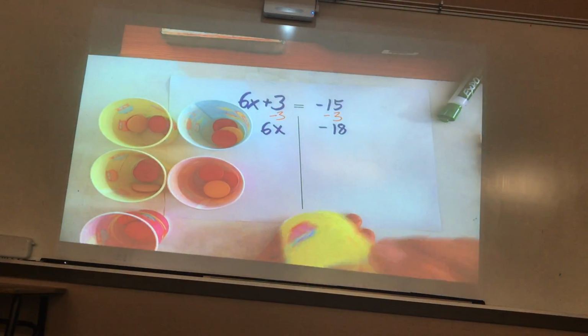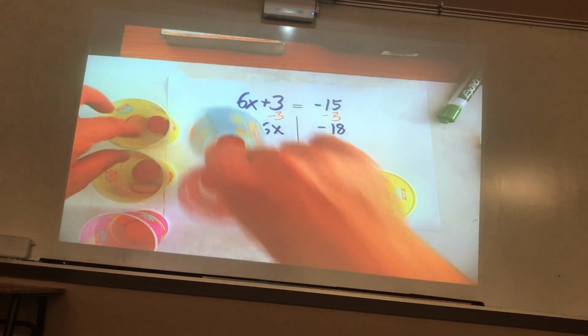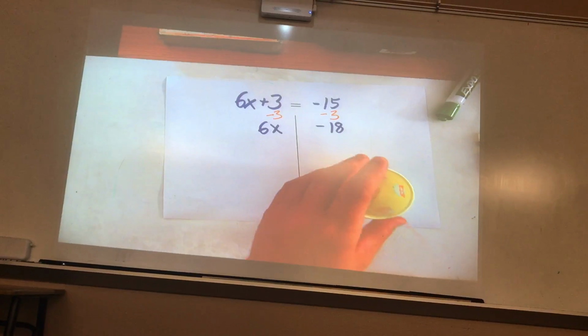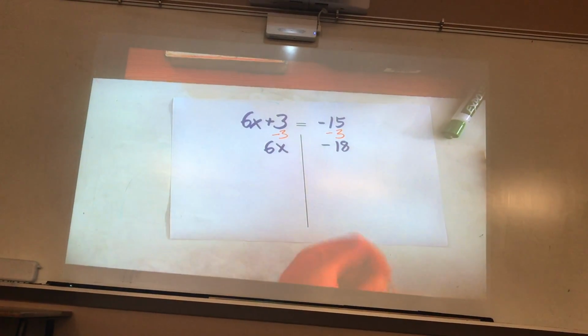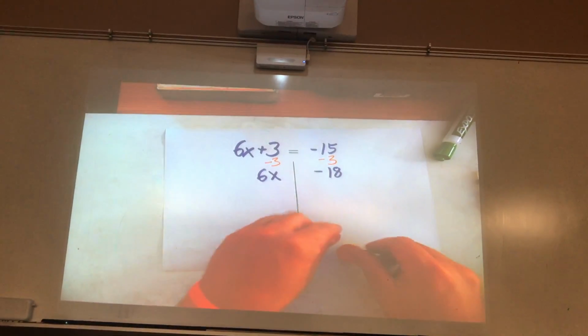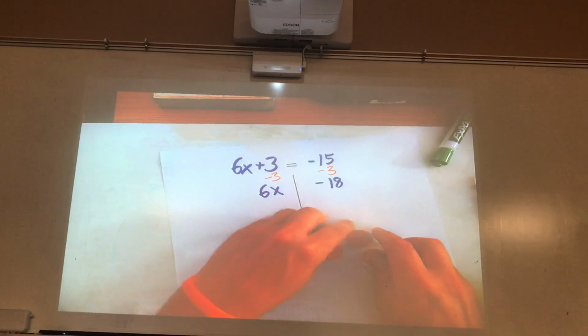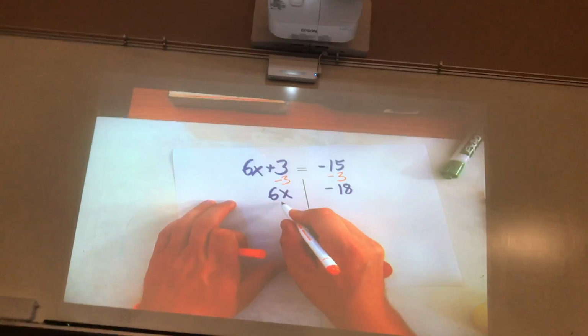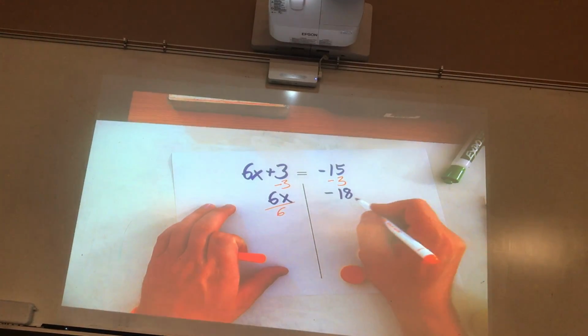Alright, so we're going to keep 1 cup, and that's going to give us our answer. This 1 cup is going to give us a negative 3. There you have it. So we divide this 6 over here.